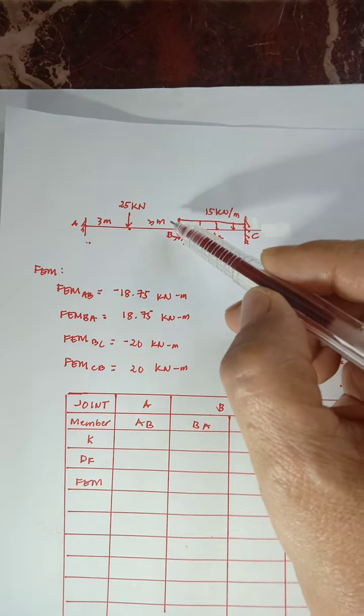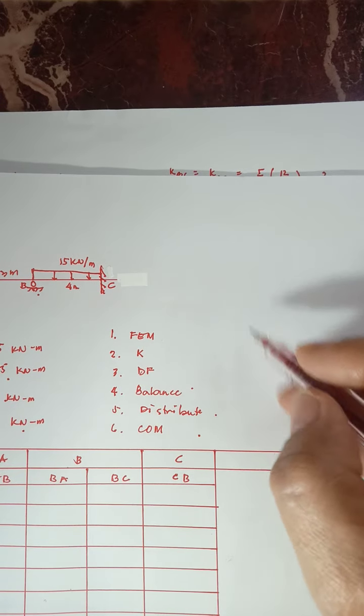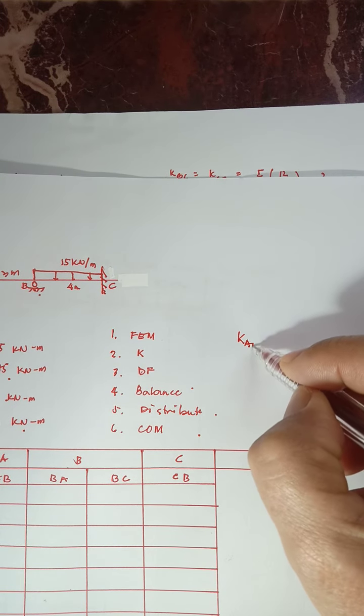And for member BC, WL squared over 12. So we have negative 20, and clockwise at C, so positive 20. Next, we solve for the relative stiffness. So what is the relative stiffness for KAB?